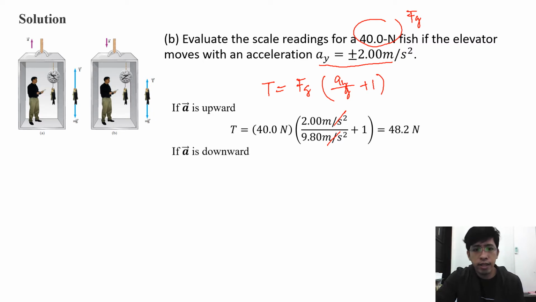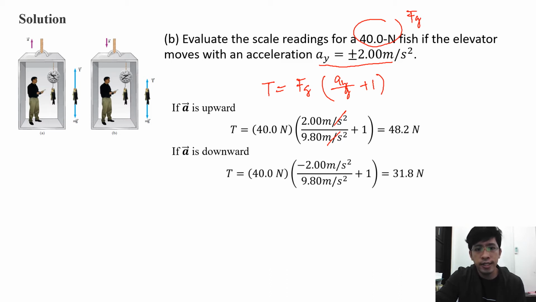If, on the other hand, the acceleration is downward, that is, we have negative 2 meters per second squared, the tension is equal to 31.8 newtons. So it weighs a little less than 40 newtons when your elevator is going downwards. So if you're going to sell the fish while the elevator moves downward, you'll see that you have a lot of loss.